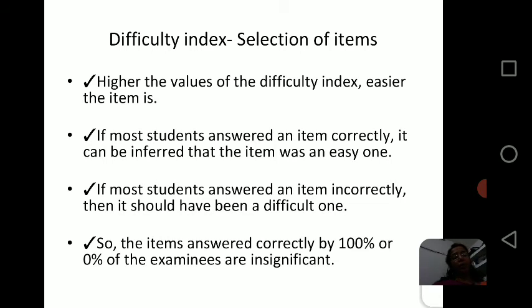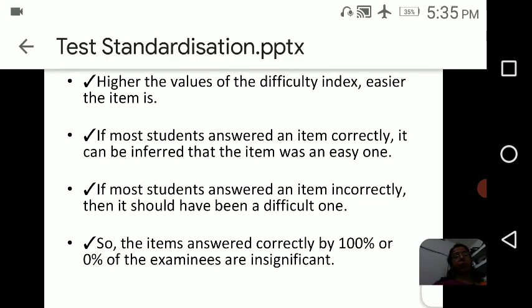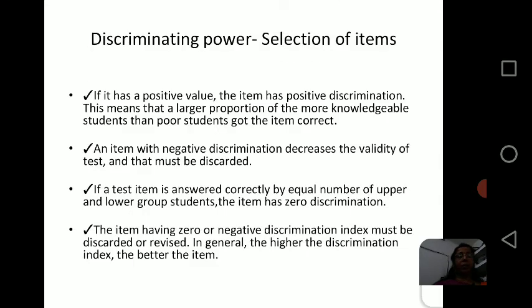Avoid those questions. And you can select the questions with average difficulty level. That means questions around 0.5 difficulty level maybe can be selected for the final draft. And discriminating power selection.